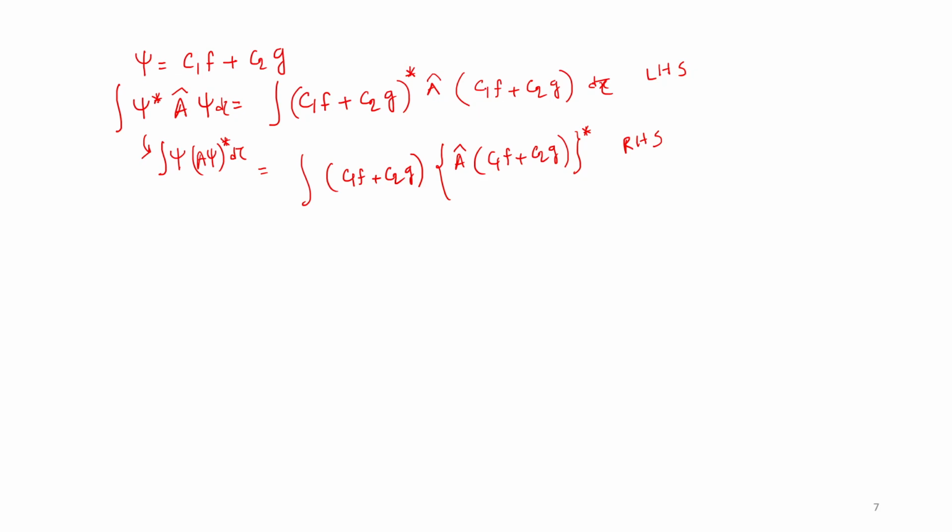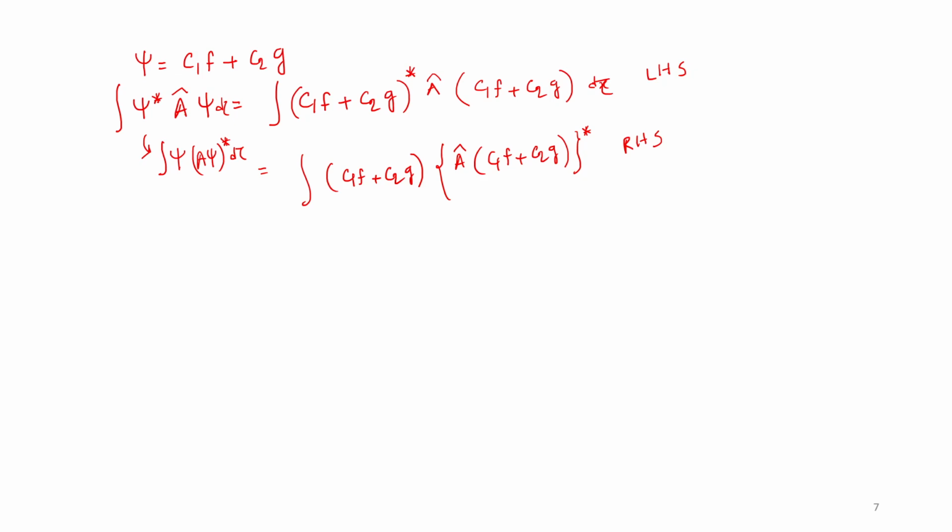Is it necessary for psi to become an eigenfunction of A? Yes, because we started by saying that LHS equals RHS. If psi is not an eigenfunction, how can we say that?